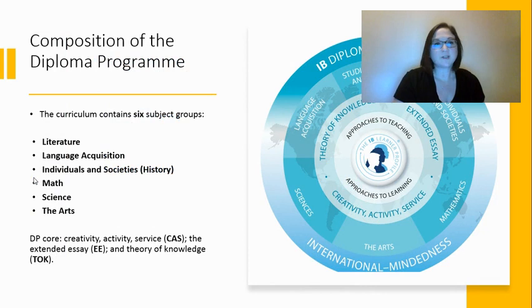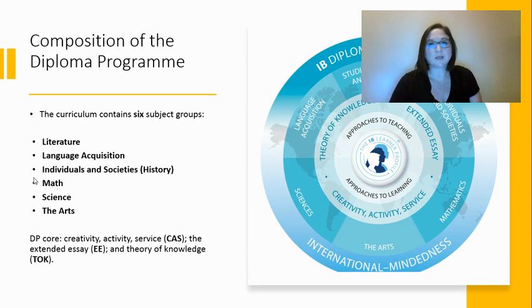So to start, I'd like to just show you the different components of the program. A little later on in my presentation, I will give you a list of all the very specific IB classes that Chesterton offers, but I'd like to just start with these 6 subject groups. So of course we have literature, we have language acquisition, individuals and societies or history, we have math, science, and the arts.